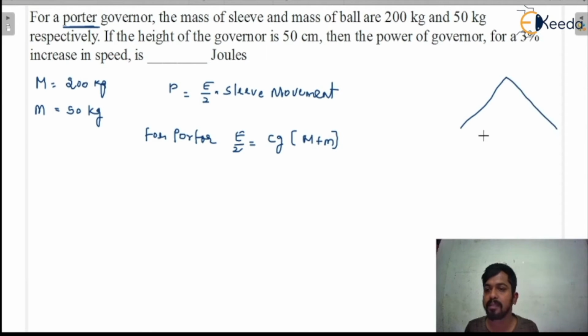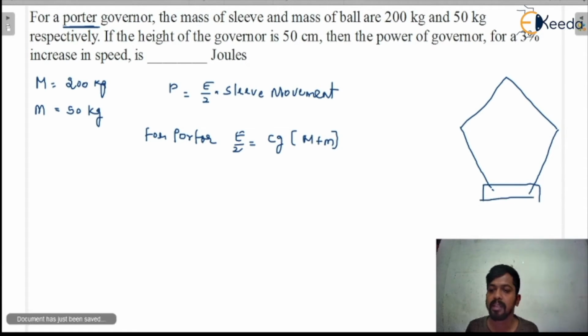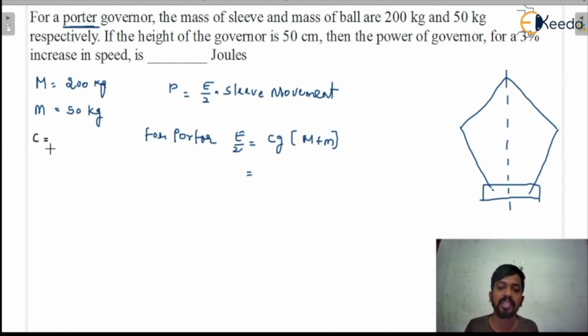If you know the diagram, I'm just drawing it roughly. This is basically the Porter governor, and this is the arm which is pivoted at the spindle axis. Now see, C g (M plus m), you can calculate here. What is the value of C? In the question, C is the fractional change in the speed, which is given as 3%. 3% means 0.03.